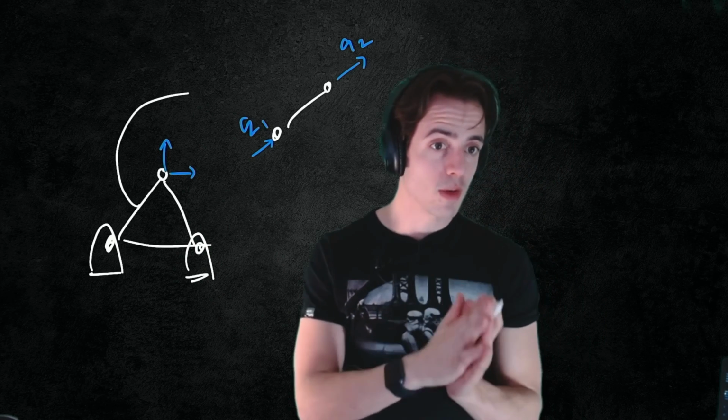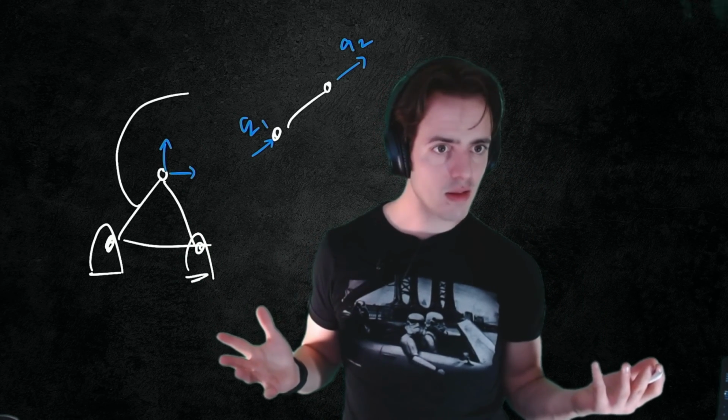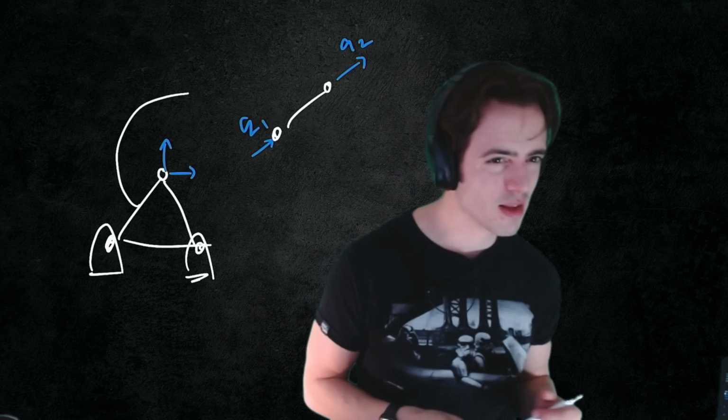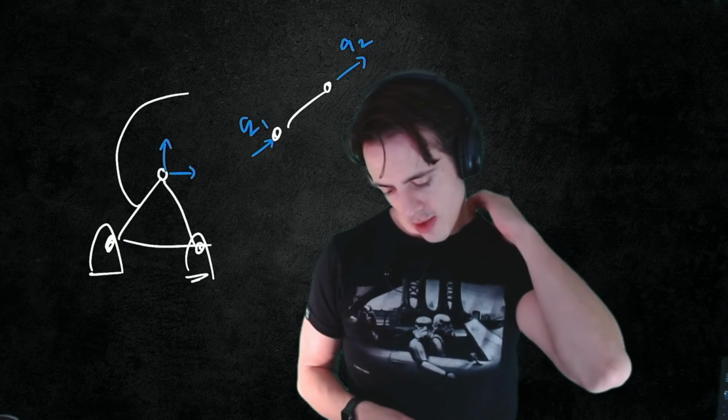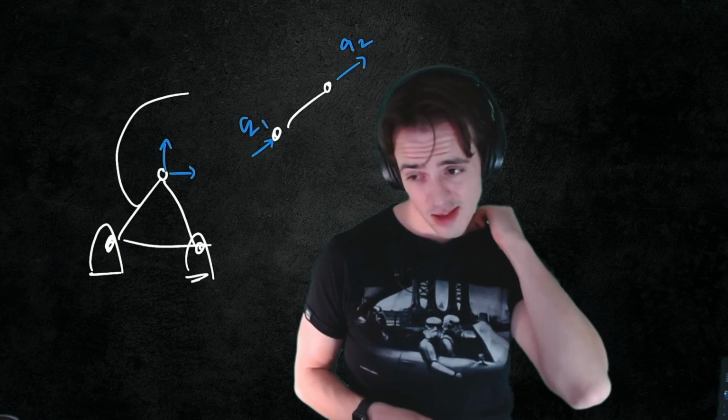So we need to produce something called a direction cosine matrix to be able to produce that, but it's actually pretty simple to do this stuff.